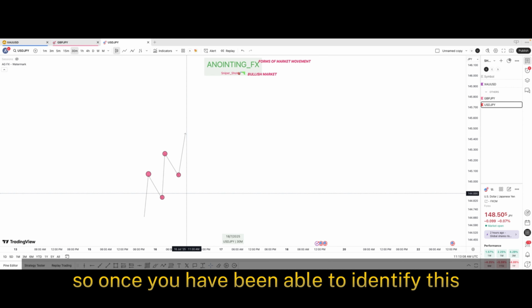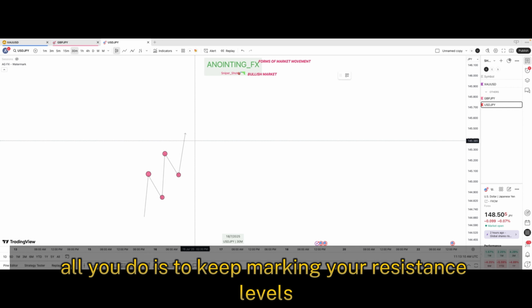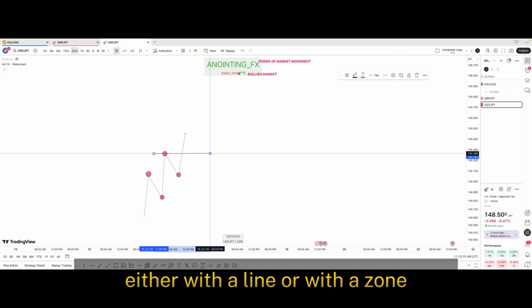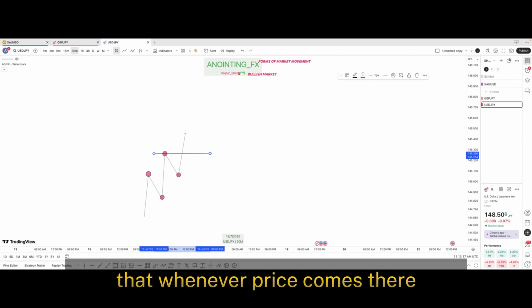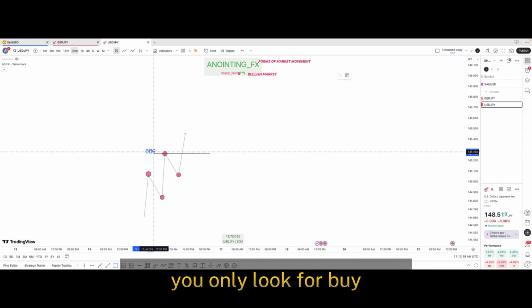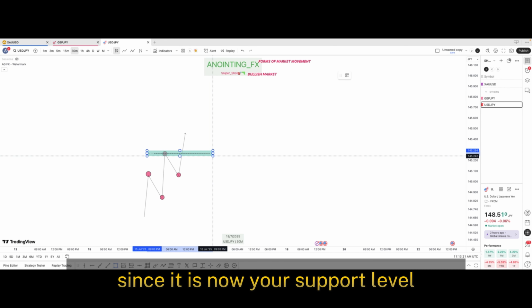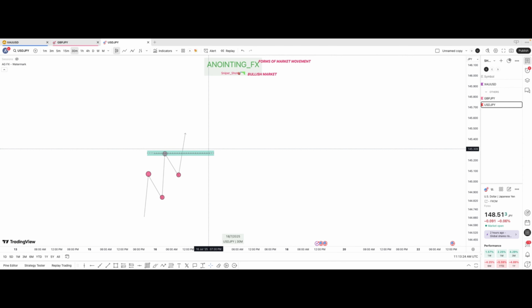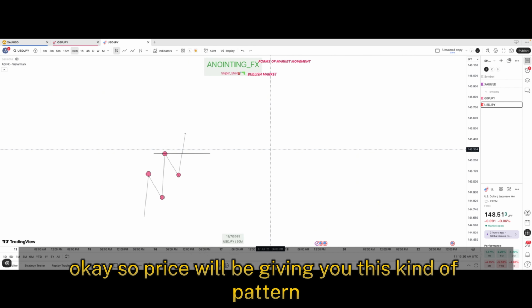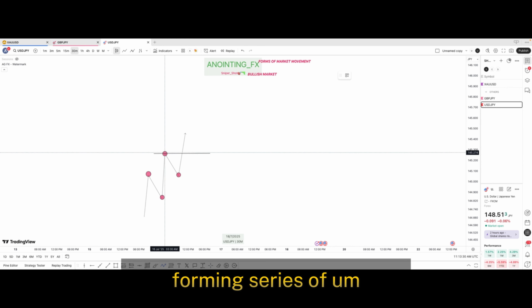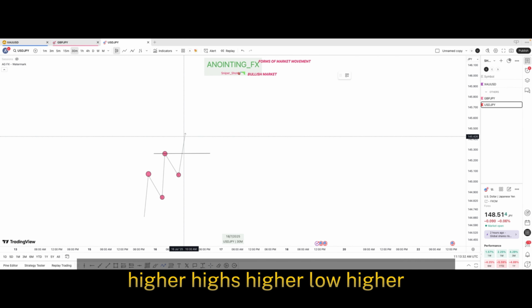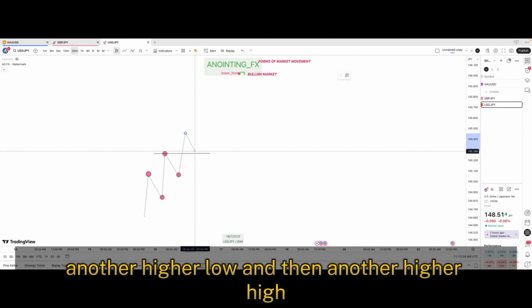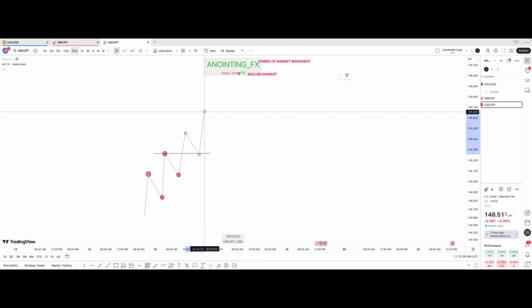So once you have identified this, all you do is keep marking your resistance levels, either with a line or with a zone. And whenever price comes there, you only look for buys since it is now your support level. Price will be giving you this kind of pattern, forming a series of higher highs, higher lows, higher high, another higher low, and then another higher high.